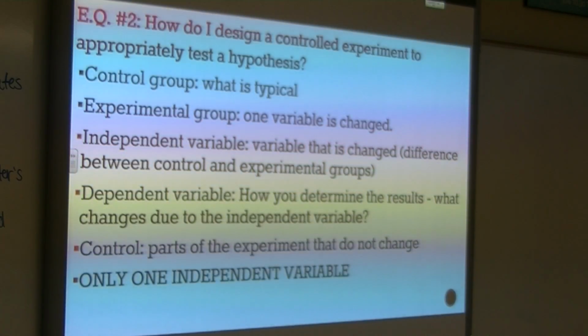Everything else has to be the same. Type of crop would need to be the same. Remember that we can only have one independent variable, one thing to change. Does anyone remember why? Why can you only have one independent variable? Yeah, two things don't change the results. Right, if you have two, or even more than that, if you have anything more than one, you won't know what causes the results. Very good.